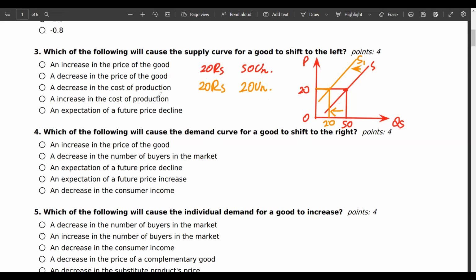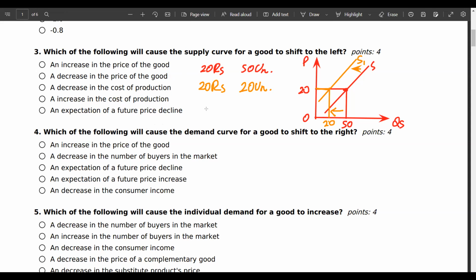That is supposed to be called a decrease in supply, not a decrease in quantity supplied. A decrease in quantity supplied is also called a contraction in supply. So that's not the case here. Here, there is a decrease in supply. You have to look for what could have caused this out of the 5 answers given.